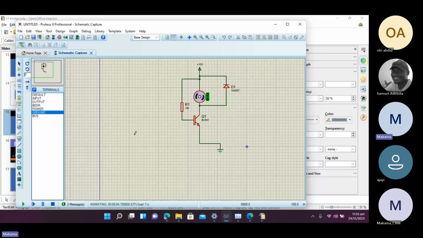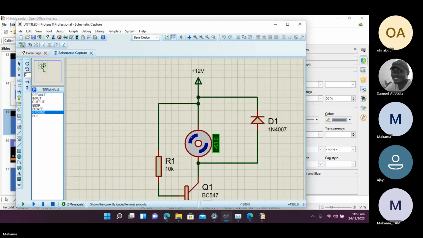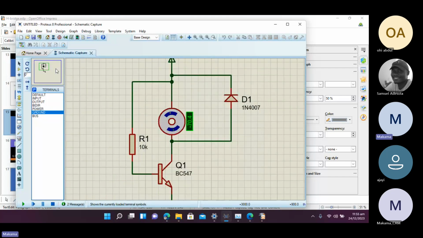But in negative RPM, let me tell you, because I did not arrange the polarity in the conventional way. I plugged in this motor in the reverse direction.